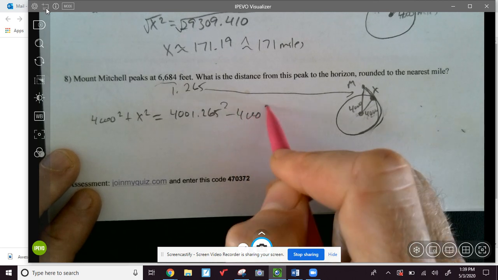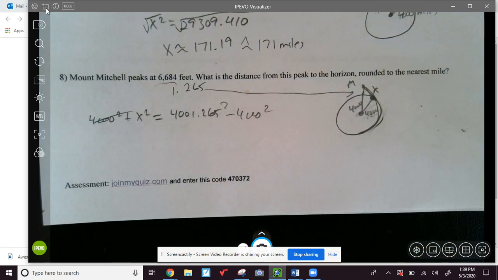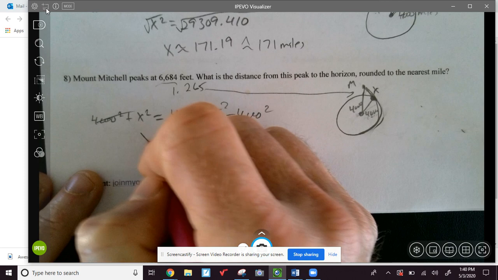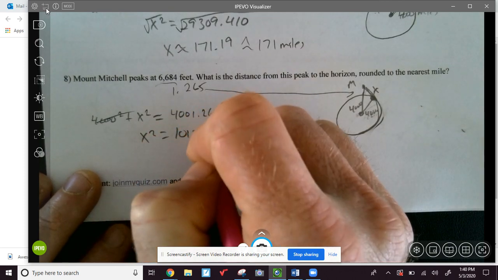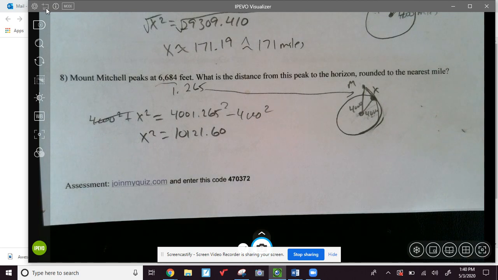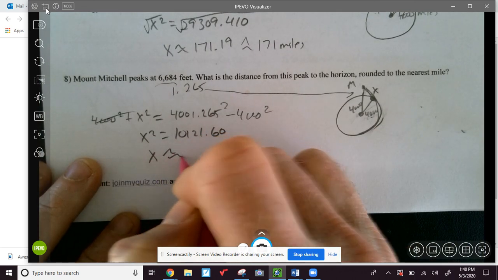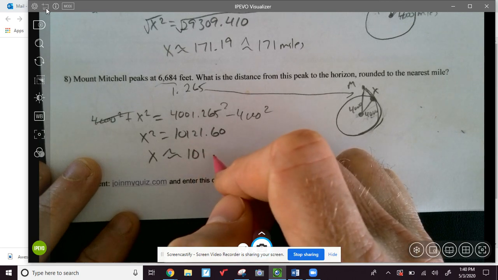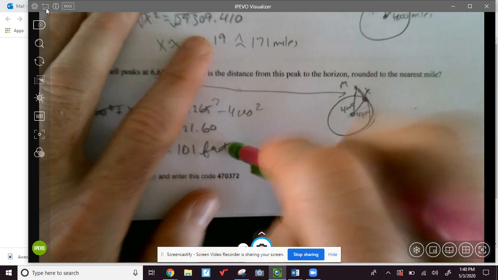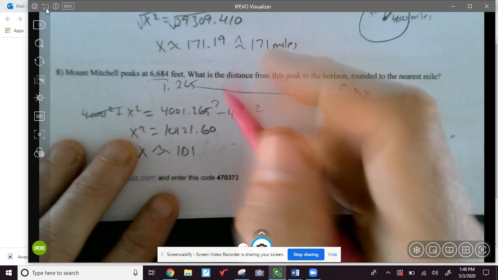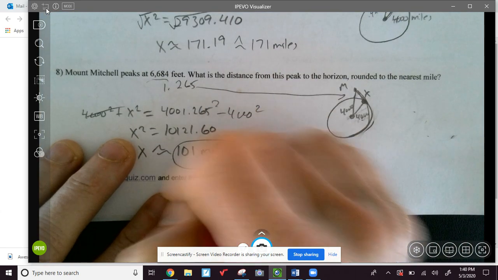Subtract 4,000 squared. 4,001.265 squared minus 4,000 squared, and x squared equals 10,121.60. Square root both sides. Boom. So x is approximately 101 feet. Oh, wrong. Miles. So it's 101 miles to the horizon.